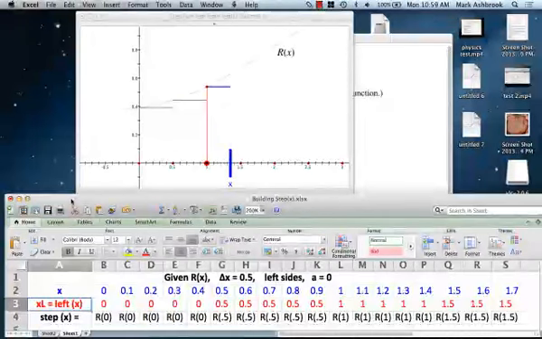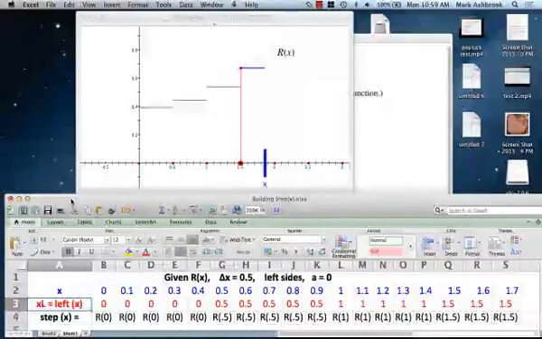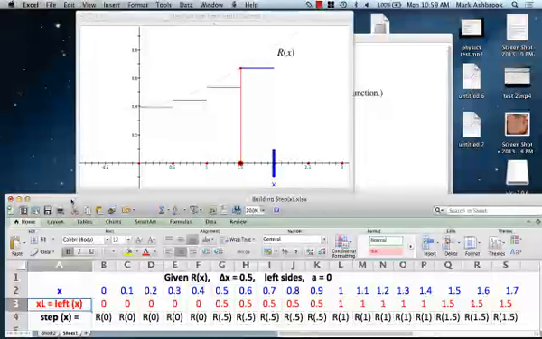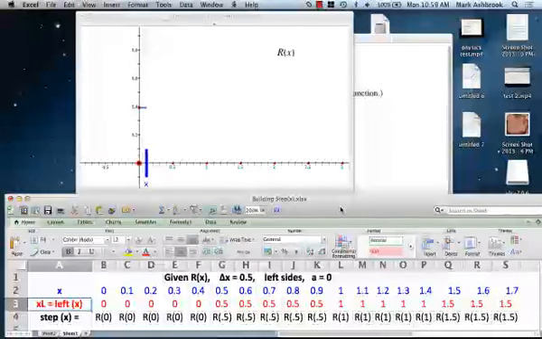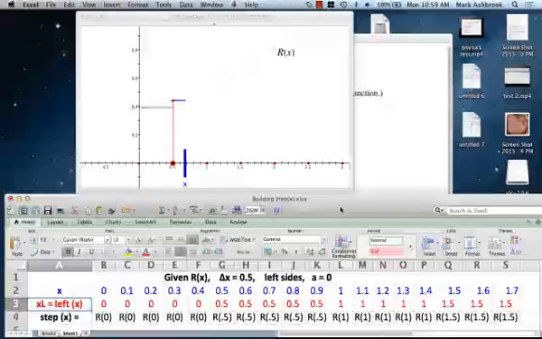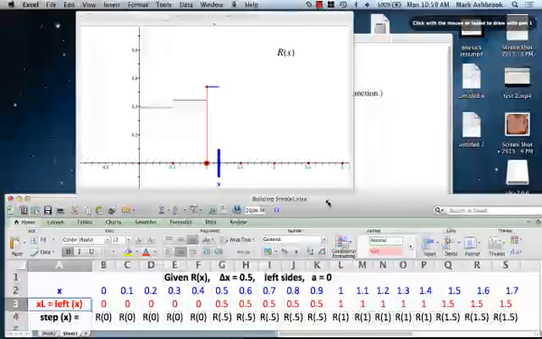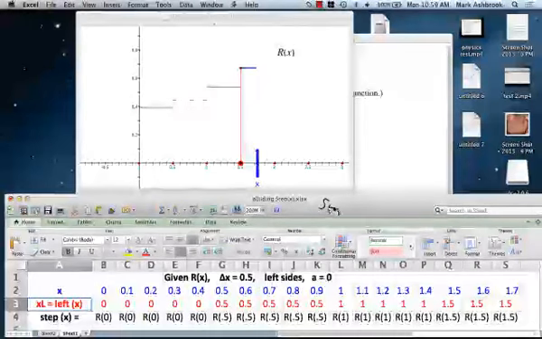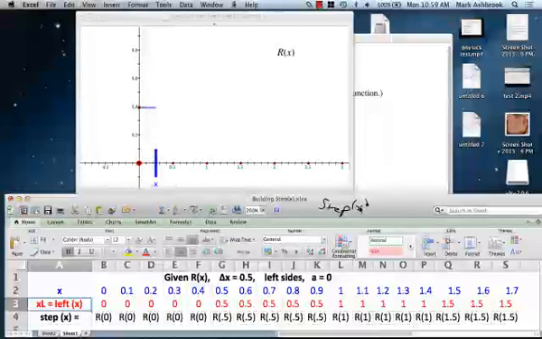Okay, so how do we write step x in one line? So now we're given some R, x. We're using left sides. How can you write step x? I want everyone to think about it and see if they can figure it out. So what does step x equal? We've laid it all out.